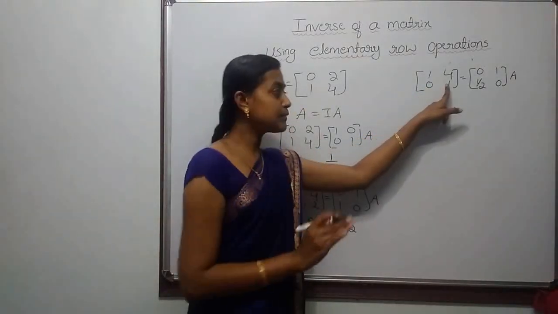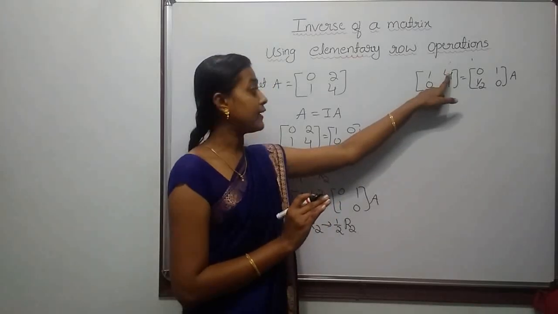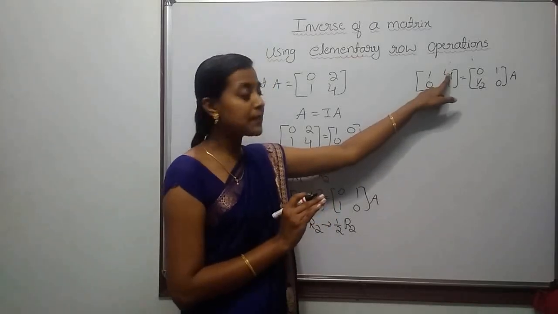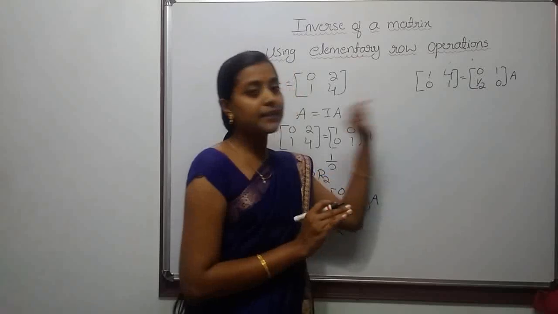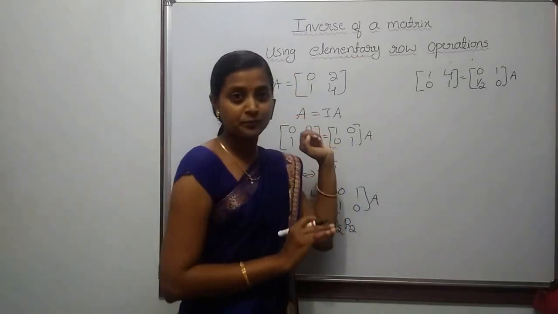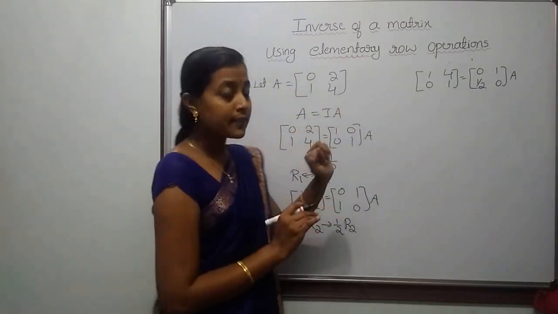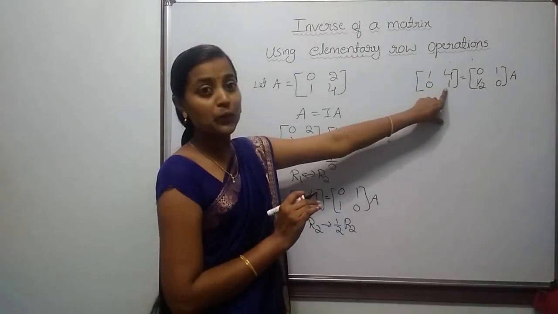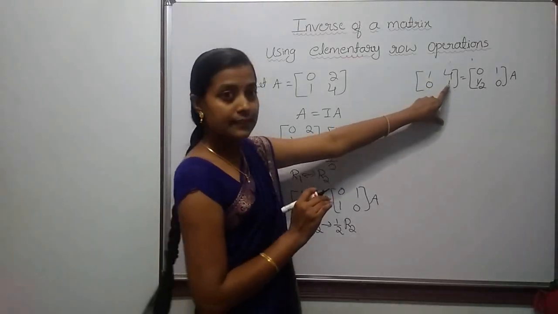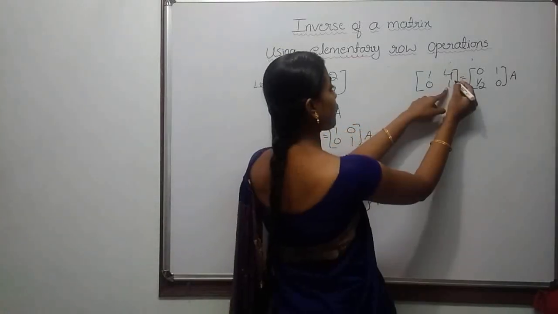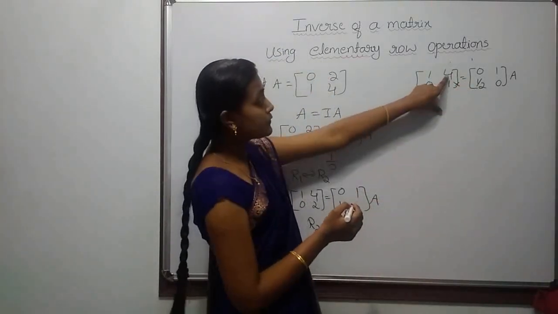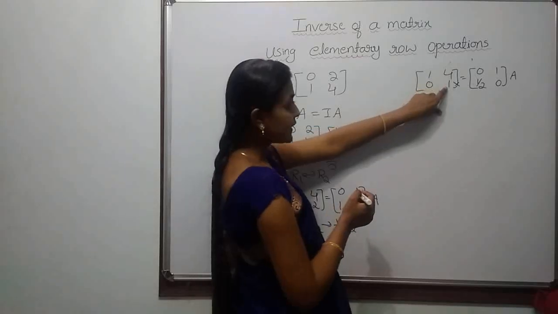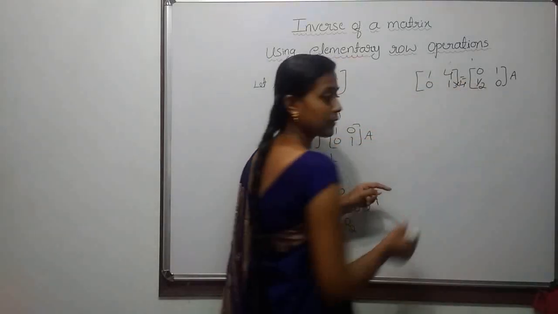Now the last step is to reduce the fourth element, that is the element 4, lying in the first row, second column, to 0. How can you do this? To reduce the element to 0, we use the other row. So multiply this other row, the second row, by the value of this element, that is, multiply the second row by 4.